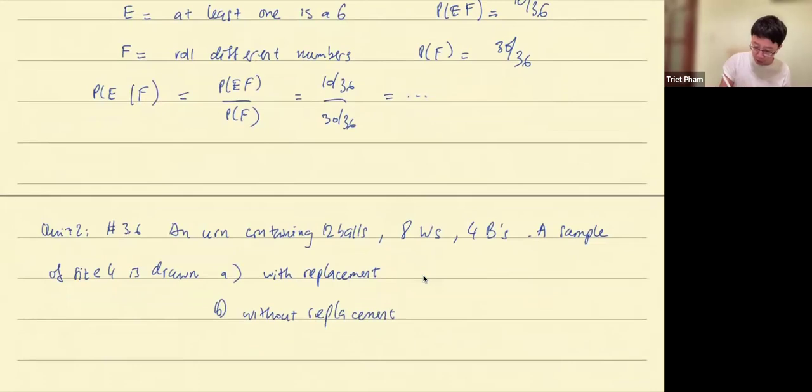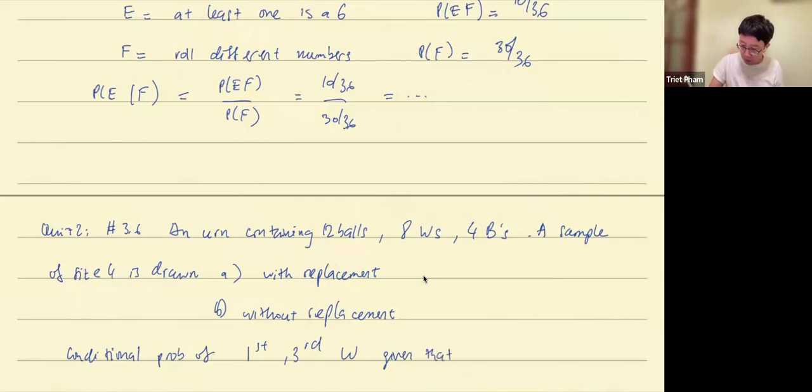And then they ask the conditional probability that the first and third balls drawn are white, conditioned on the sample having exactly 3 white draws. All right.